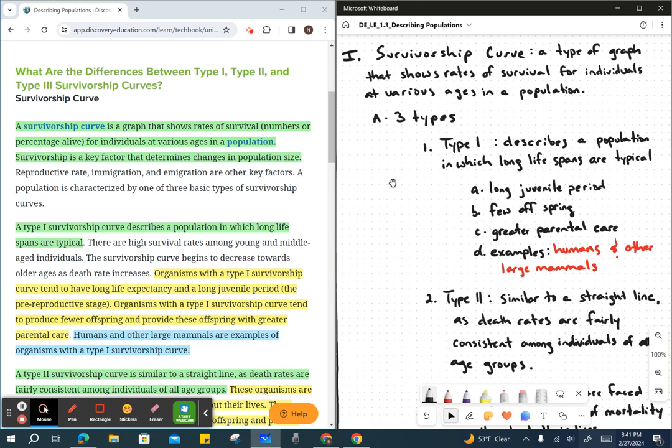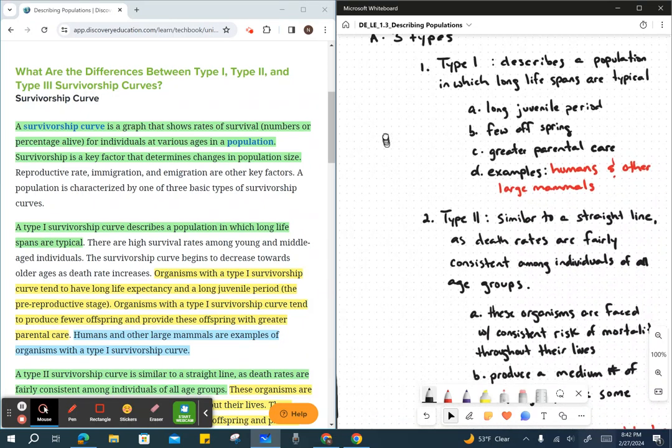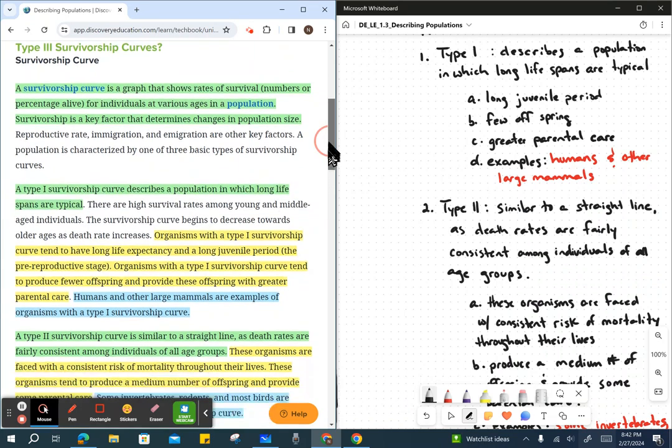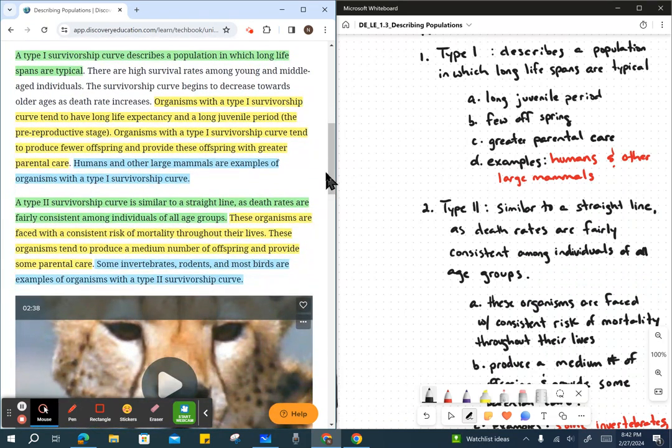So there's 3 types of survivorship curves that you'll come across. There's what we call type 1. We're just going to take our text and make sure that's paralleling there. A type 1 survivorship curve describes a population in which long lifespans are typical.